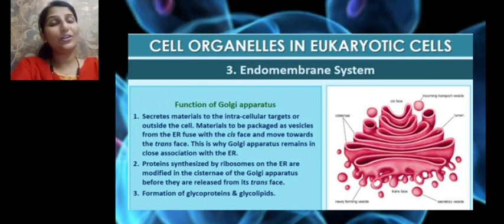It also helps in the formation of glycoproteins and glycolipids. So these are the functions of the Golgi apparatus: secretion, packaging, modification of proteins and formation of glycolipids and glycoproteins. Thus in this module we learned about two organelles of the endomembrane system, that is the endoplasmic reticulum and the Golgi apparatus. Thank you.